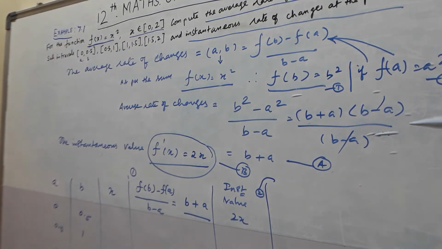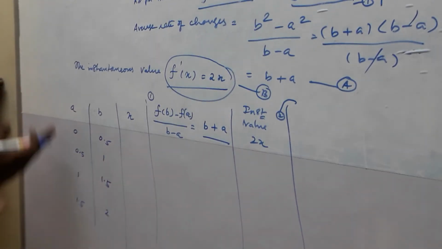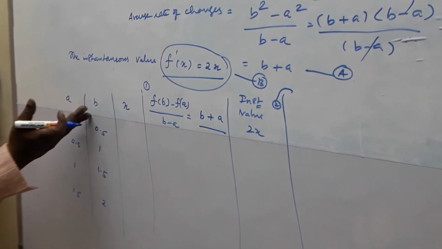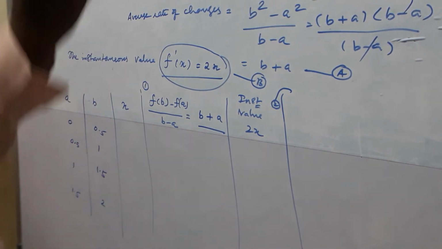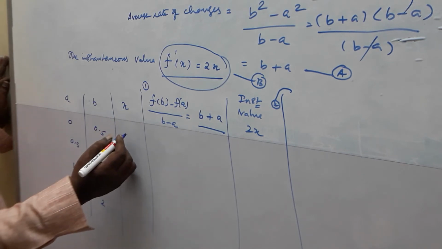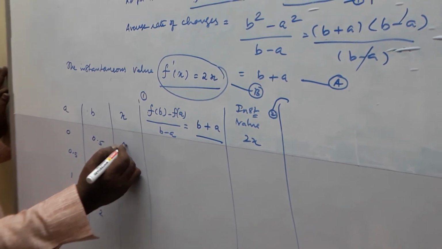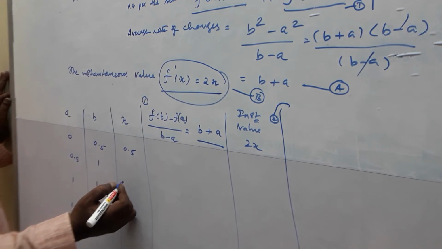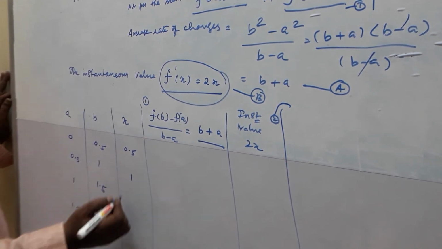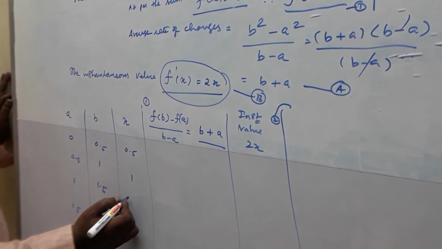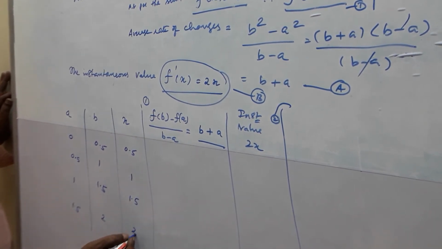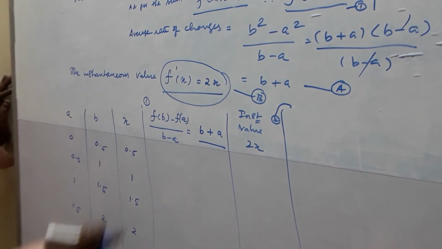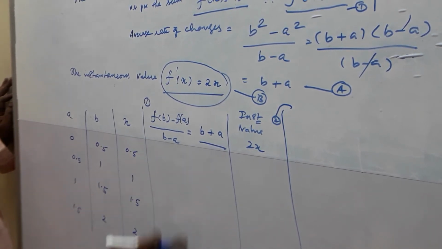Then 1.5 and 2. These are the given values of a comma b. Okay, now we have to fix the points of x. First x point 0.5, second point 1, third point 1.5 and last point 2.